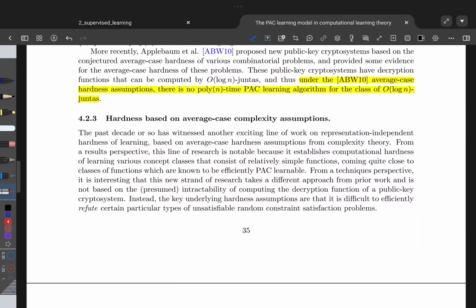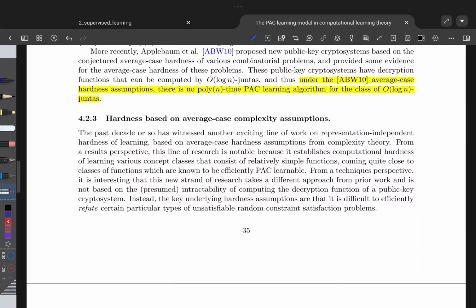Two very famous problems that are used in designing such crypto systems are learning parity with noise, and the other is lattice-based cryptography, where finding the closest lattice point to an arbitrary given point is also computationally hard.